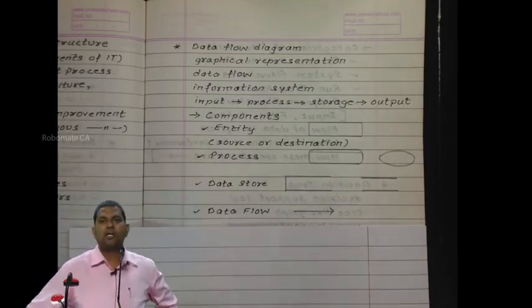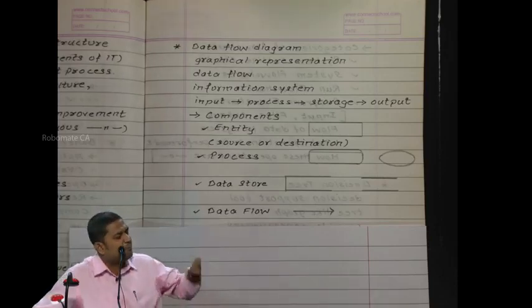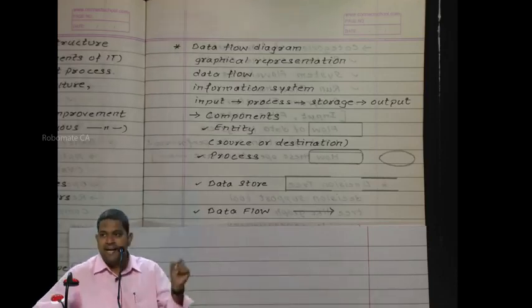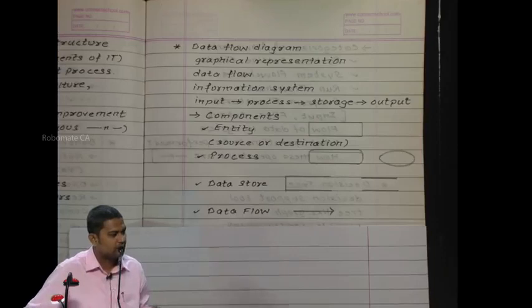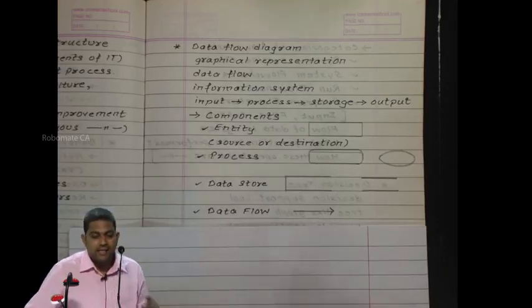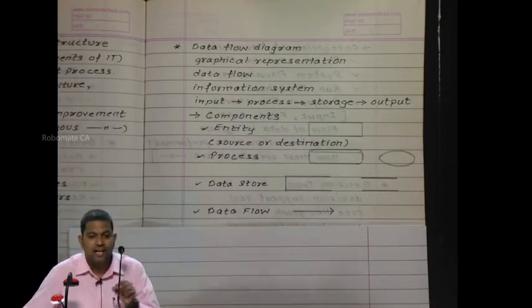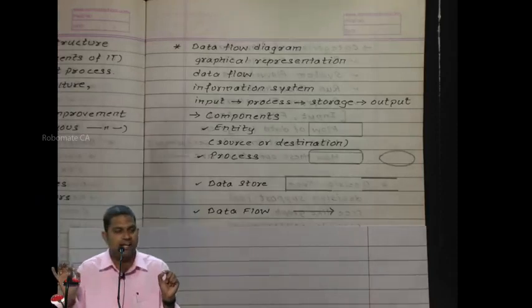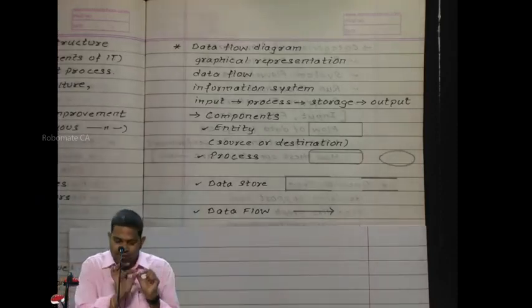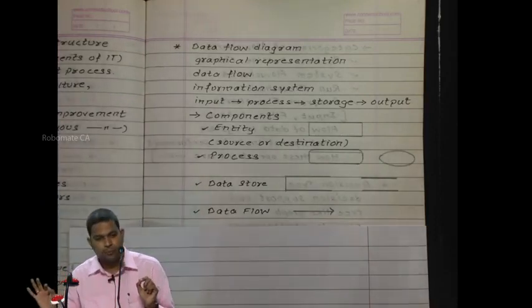Now, whenever we are talking about a process, we all know that a process is divided into several sub-processes. The data passes from process A to process B, from process B to C, C to D, and so on. And this exercise continues till an input becomes an output. We have learned this scenario where we take input, we give it to the process, and the process gives us an output.